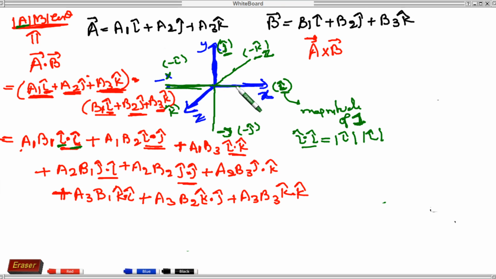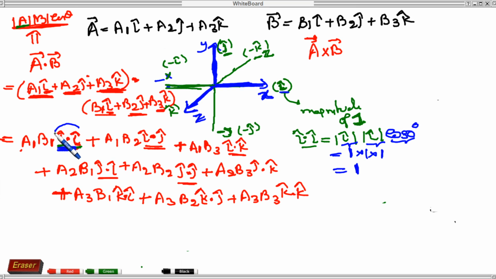It's zero angle because both are in the same direction. So cos 0 degree, and cos 0 is 1, and magnitude is 1. So this dot product will be 1.